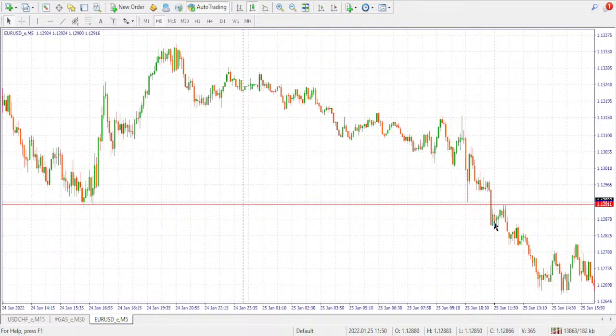So there's some indecision. The fact that the price cannot clearly continue down immediately is a sign that we are not able to continue below, and we are not able to pull back above either. We are still trying.